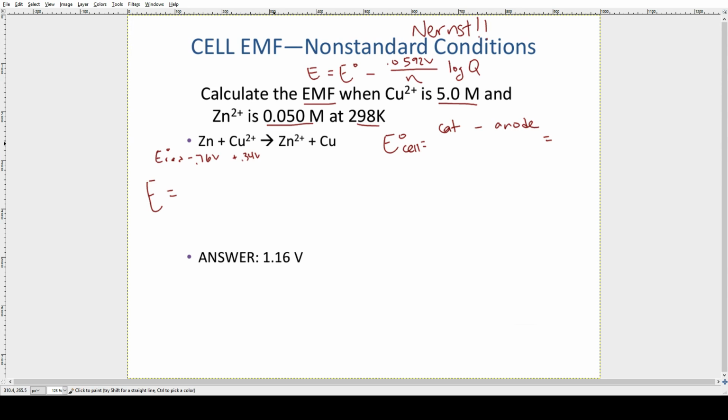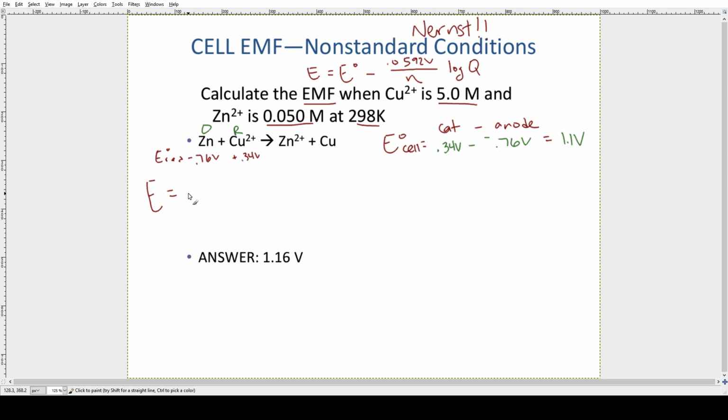What's gaining electrons? Copper is being reduced. Zinc is being oxidized. So what is my cathode? Copper is my cathode. So 0.34 volts minus negative 0.76 volts gives me 1.1 volts.